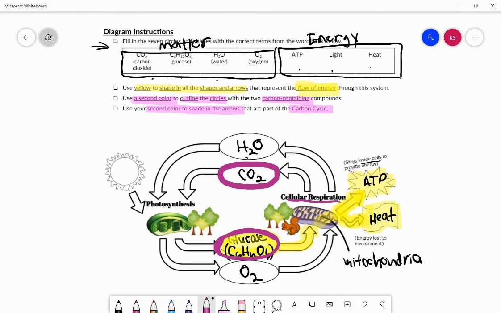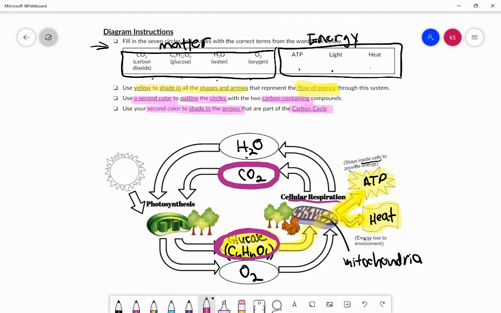So it is sometimes useful to think about the relationship between oxygen and CO2 because both of those things are easy to measure. Like you can measure if oxygen is increasing or decreasing in a system. If you had a plant in a jar, you could measure if CO2 was increasing or decreasing in the system. But in terms of thinking about the ecological role of these processes, we want to think about it in terms of carbon cycling.